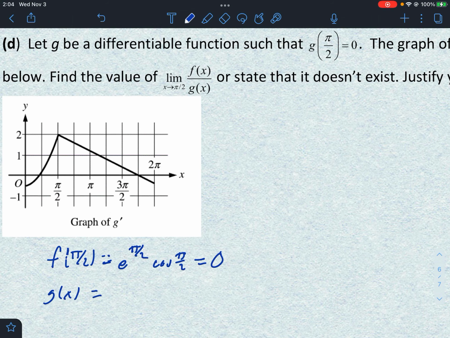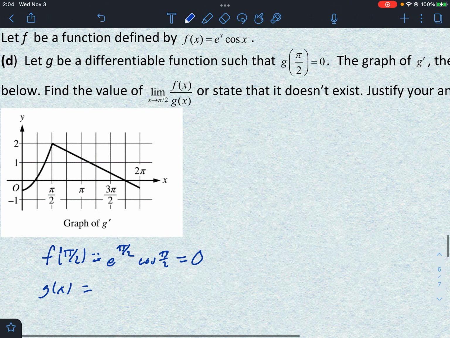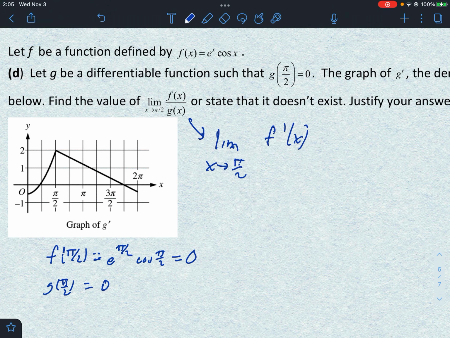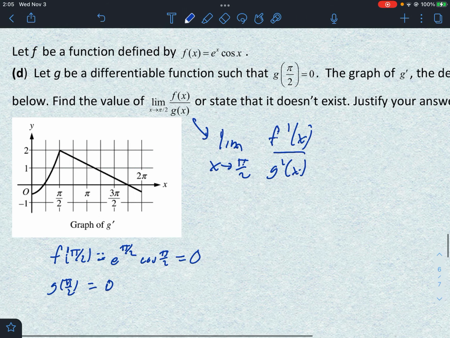It tells us g of pi over 2 is 0. So we get 0 over 0, which means L'Hopital's rule applies. So now we can say, by L'Hopital's rule, the limit as x approaches pi over 2 of f prime of x over g prime of x.